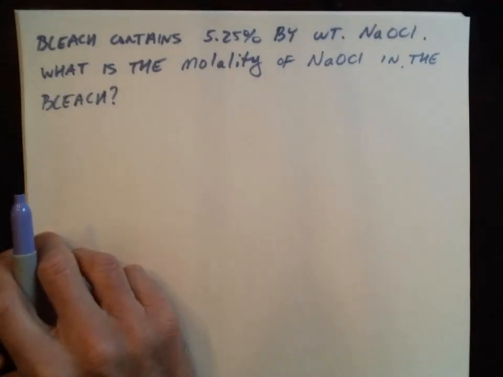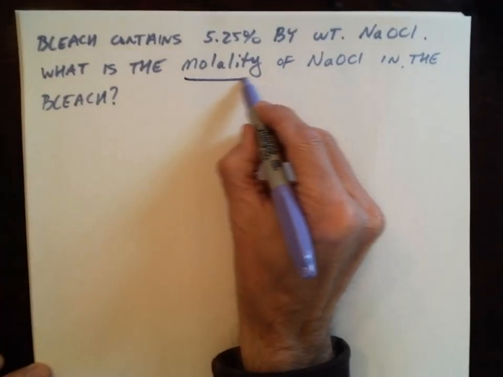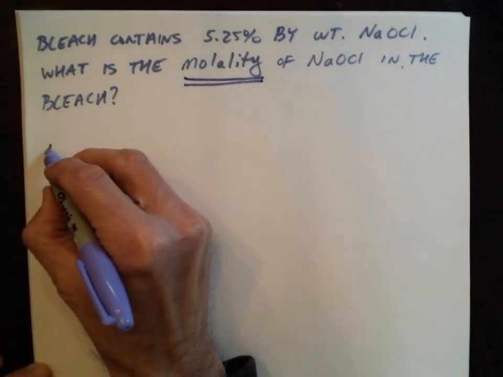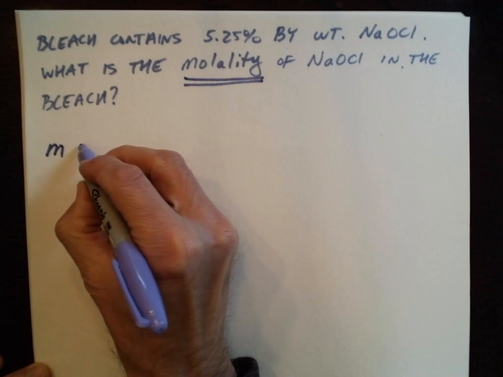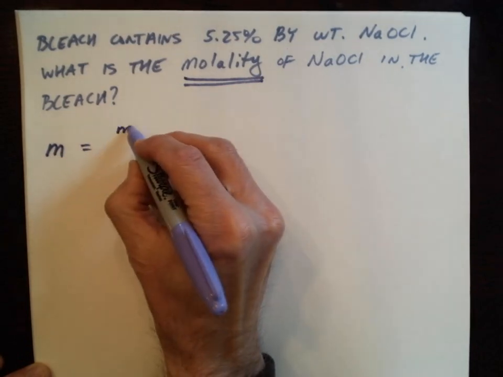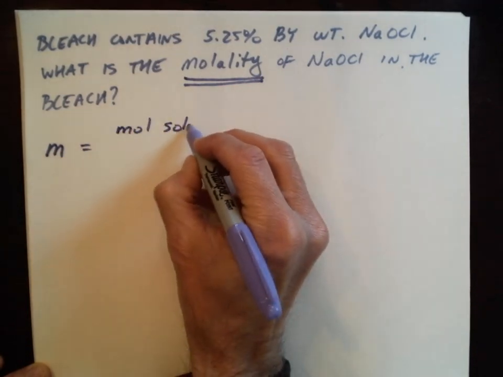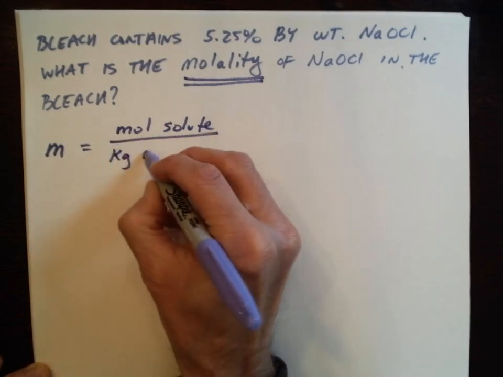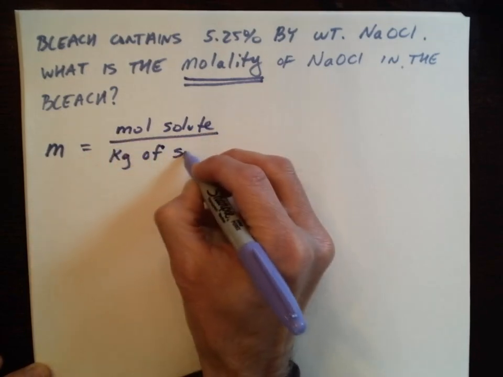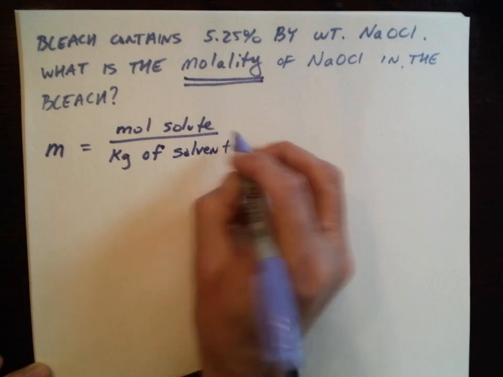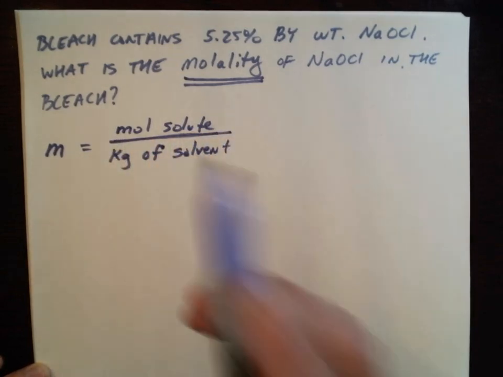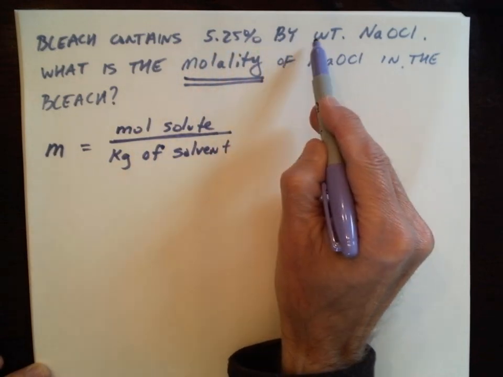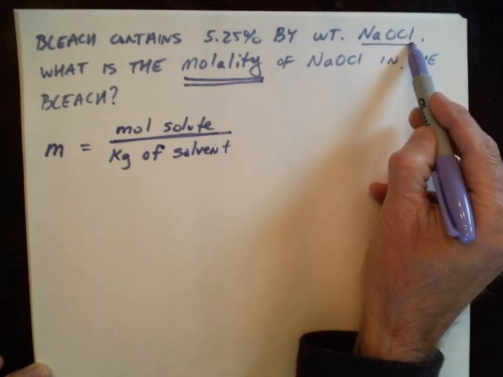Okay, now we're going to do a problem that deals with molality, which we'll remember the definition of molality. We abbreviate it with a little m. That's going to be the moles of our solute for every kilogram of solvent, not solution, solvent. And we're going to remain with our concentration of bleach here, 5.25% by weight, sodium hypochlorite.